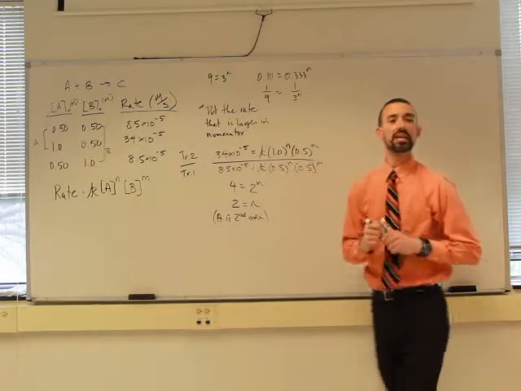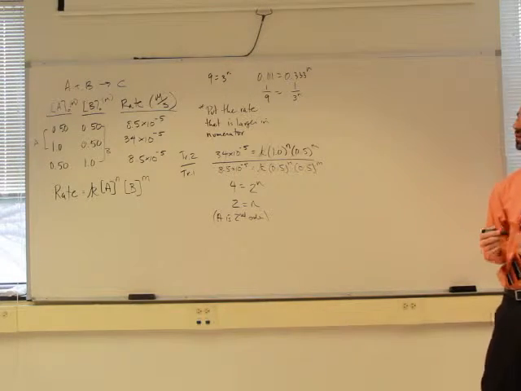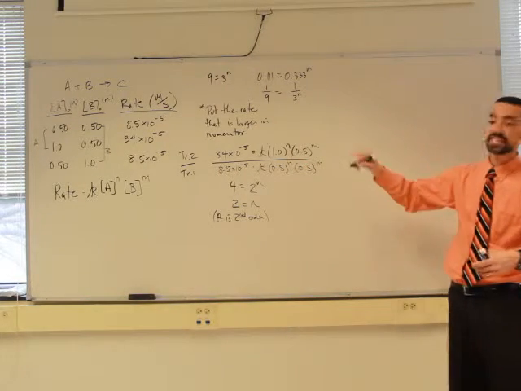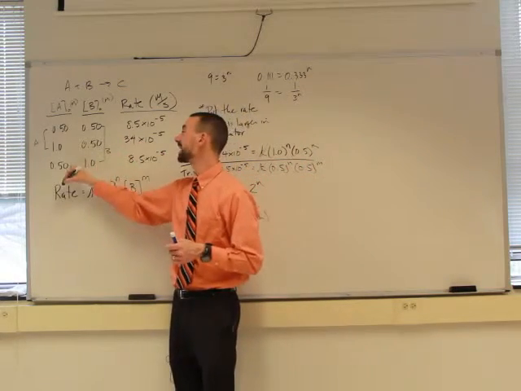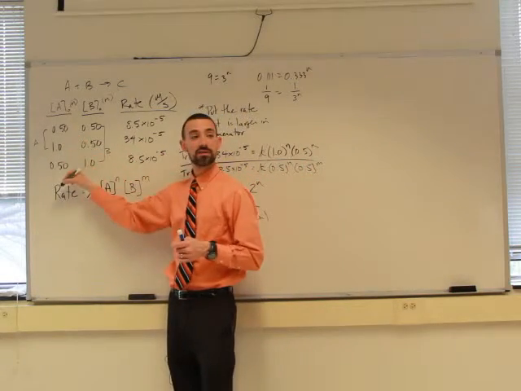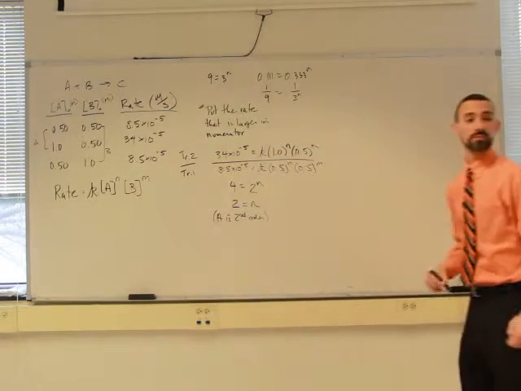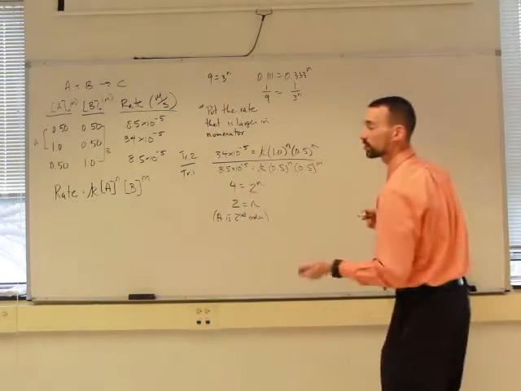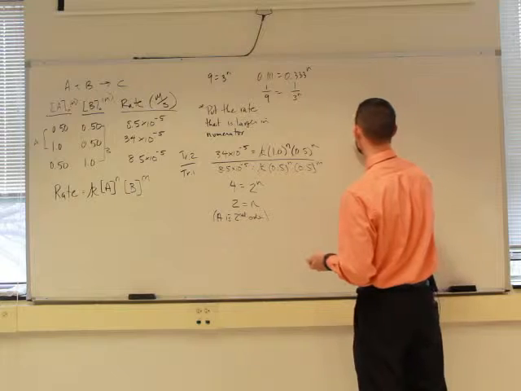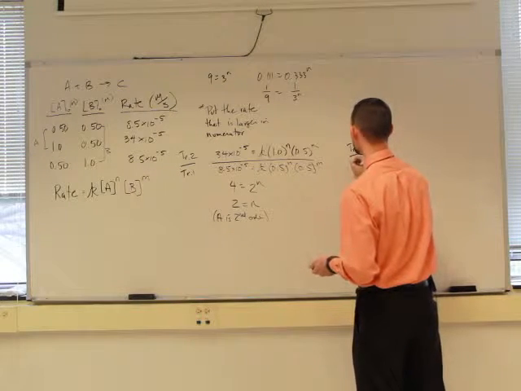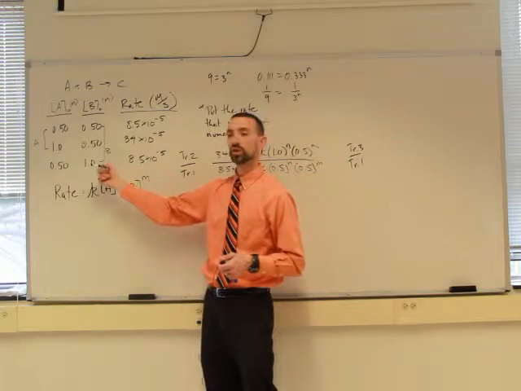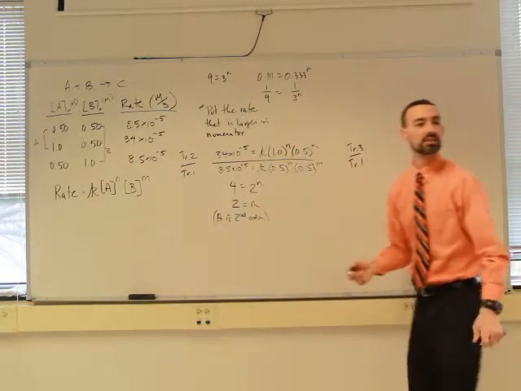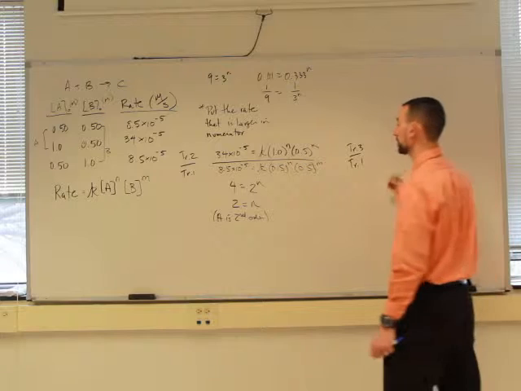Now we've got to repeat for B. For B, I've already identified the two cases where B is different but A is the same: trials 3 and 1. Here it won't matter which one goes on top ultimately because they have the same order. But if I put trial 3 over trial 1, I've got the larger concentration this time in the numerator rather than the larger rate.